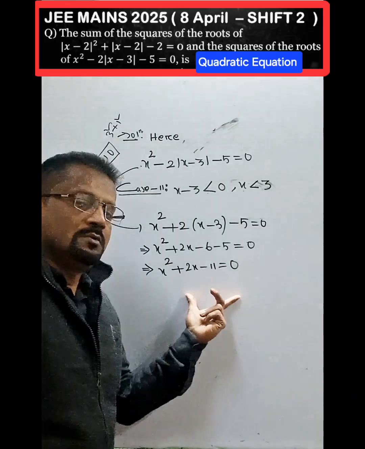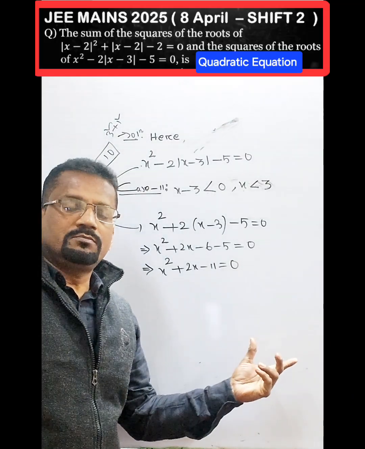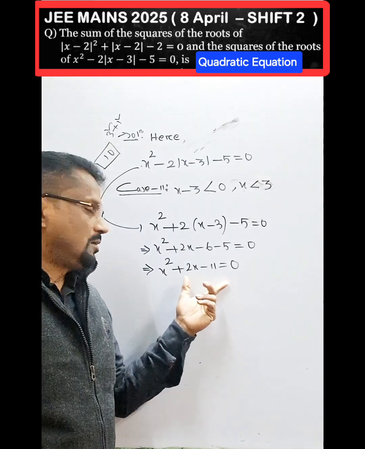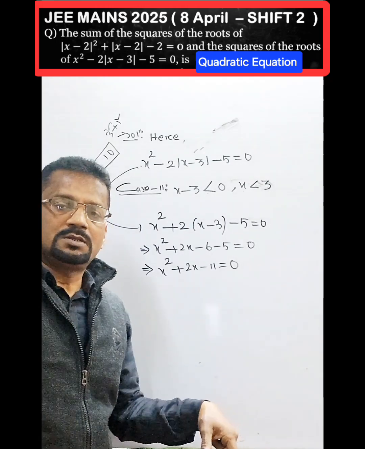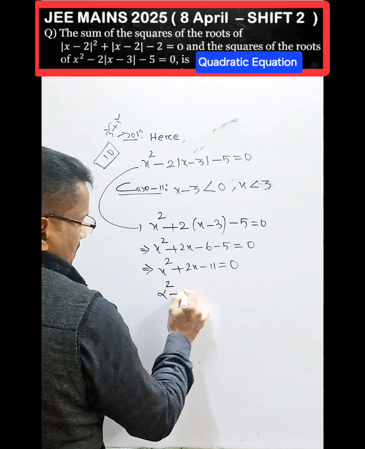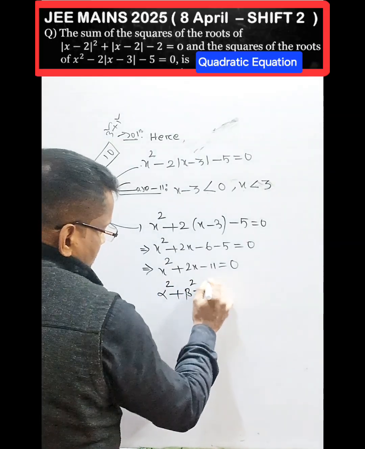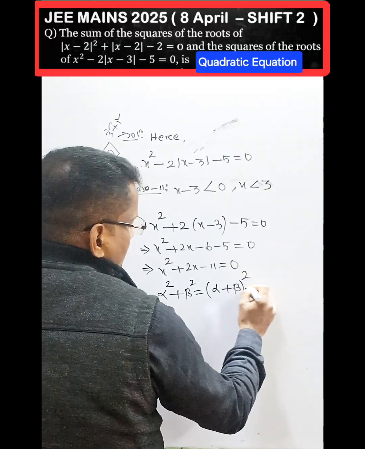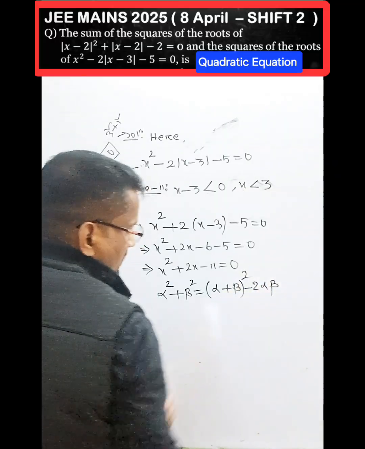Now again you have to get the sum of the squares of roots for this equation. But without solving you can find this. Say alpha and beta are the roots, then alpha square plus beta square you can write as (alpha plus beta) whole square minus twice alpha beta.